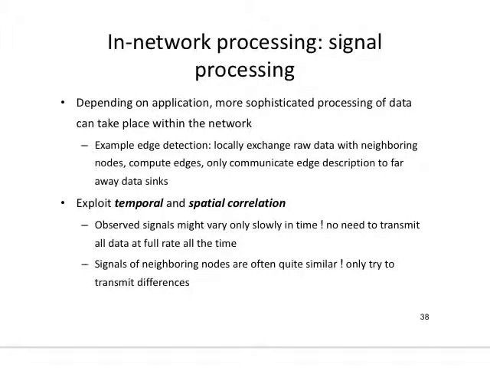In-network processing can be as complicated as you can imagine. Sometimes in sensor networks, some sensors can cooperate to capture a video. They can do collaborative signal processing or collaborative video processing. If you have one camera capturing the scene, this camera will consume a significant amount of energy, right?